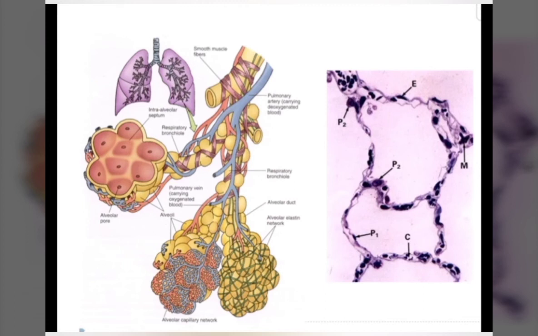The pulmonary alveoli are lined by two types of cells. There are squamous alveolar cells and there are great alveolar cells. The squamous alveolar cells, which are also known as the type 1 cells, form a complete but very thin layer lining all the alveolar spaces.